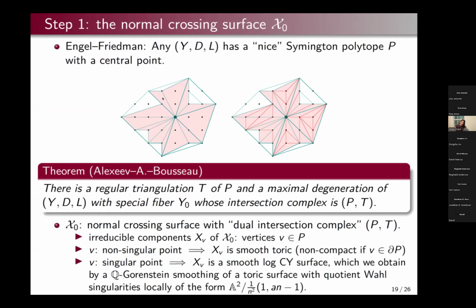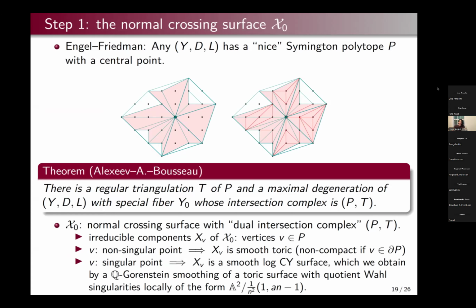So this will give you a triangulation of your toric polygon. And they explain how to obtain a Symington polytope for any log Calabi-Yau surface by chopping off triangles on the boundary, which fully lie inside these triangles you obtain by joining to the central point. So we use this model.